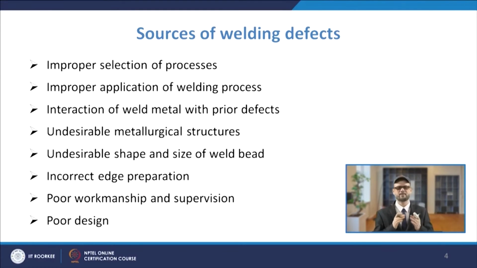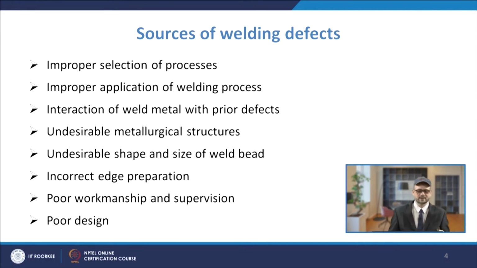Basically, to have the ideal property, you want an idealized shape of the weld bead. Now if there is deviation, and deviation may be in many forms, like overlap or undercut, that is basically the weld bead not being in a proper shape. That is your undesirable shape and size of the weld bead.